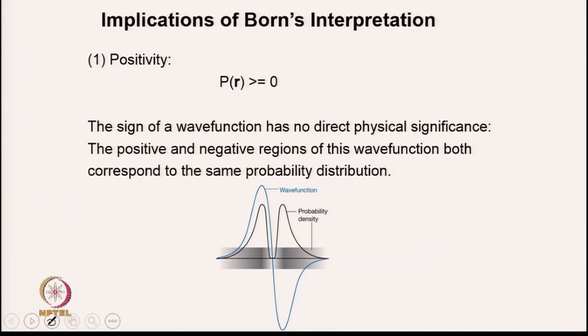You can see this blue one is the wave function, with a positive region and a negative region, but if you square it, you get a positive number, which is your probability density. So probability must be a positive number.